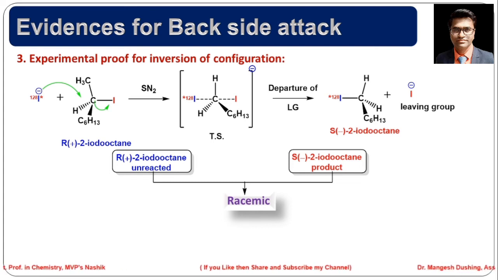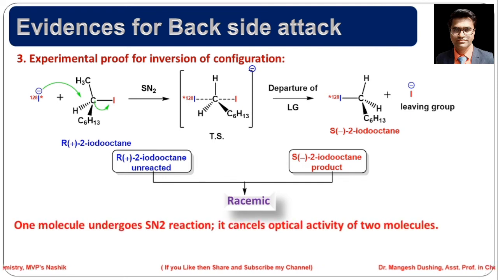It clearly indicates that the nucleophile is coming from the back side. Suppose one molecule undergoes SN2 reaction. So one molecule of R is getting converted, it gives S. Now this S neutralizes another molecule of R. So it cancels the optical activity of two molecules. Suppose one molecule reacts by SN2 reaction, it cancels the optical activity of two molecules.